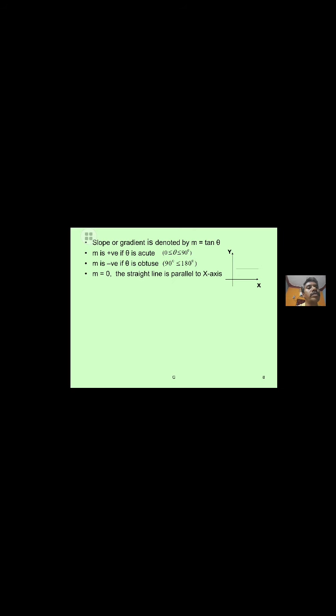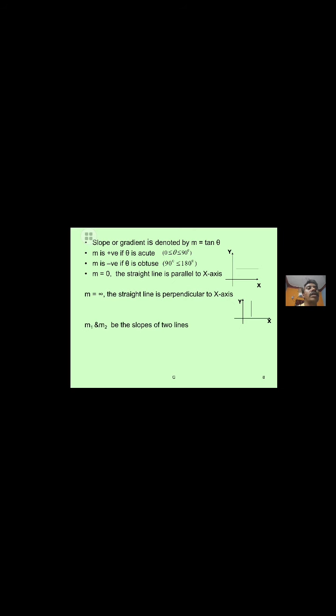That means if slope is 0, then we can say that line is parallel to x-axis. And m equals infinity means the straight line is perpendicular to x-axis. That is like this. You can see the diagram. It is parallel to y-axis and perpendicular to x-axis. So this line's slope is, we can say, infinity.